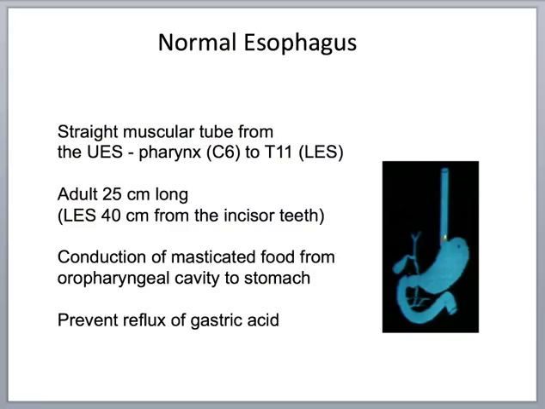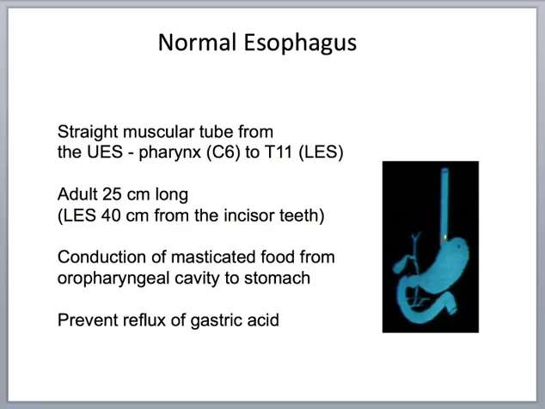It's not involved in absorption. Its main function is just to deliver food from the oropharyngeal cavity to the stomach. It has another important function at the lower esophageal sphincter, and that's to prevent the reflux of gastric acid, which you can imagine, you may have even experienced yourself, can be irritating and corrosive to the lower esophagus.